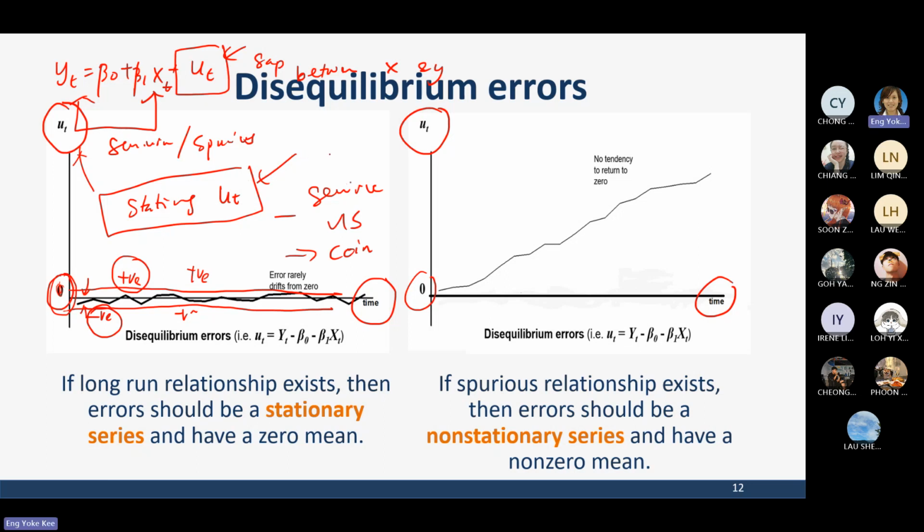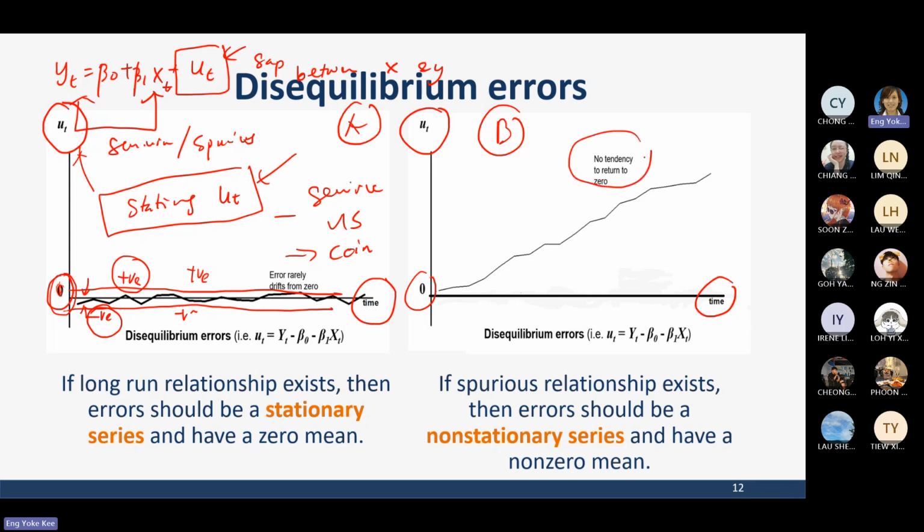This is one possibility, right? It is also possible that you observe case B, whereby you look at the gap between X and Y, and you see that the gap is positive, right? And this gap is increasing over time.